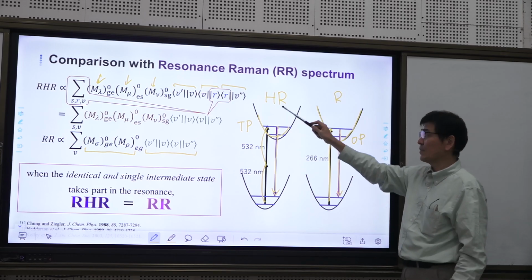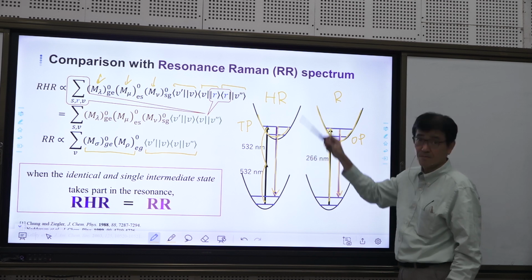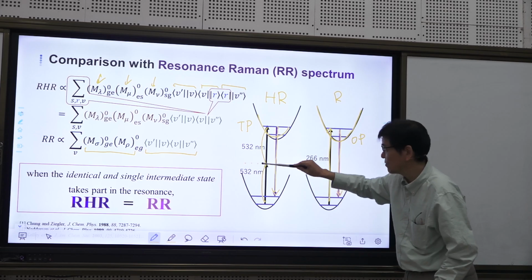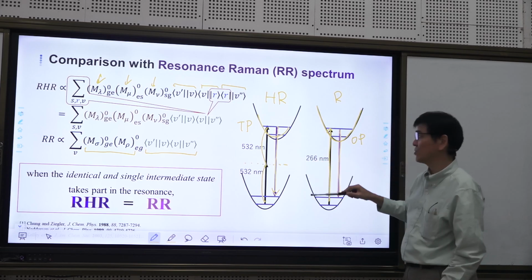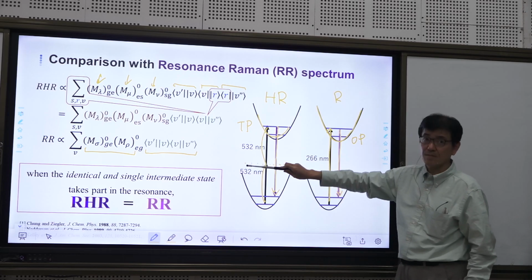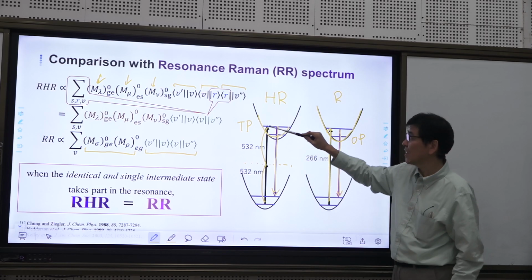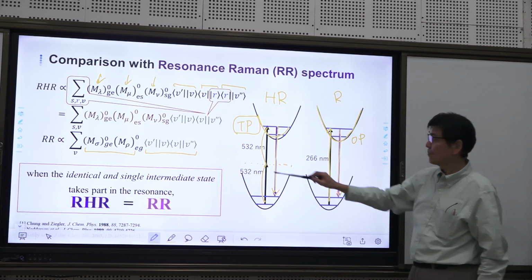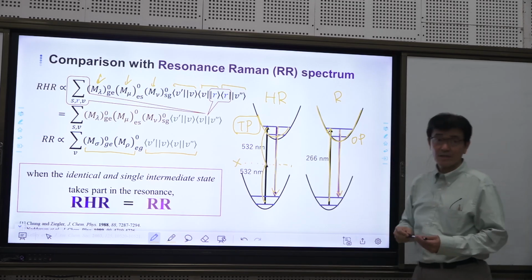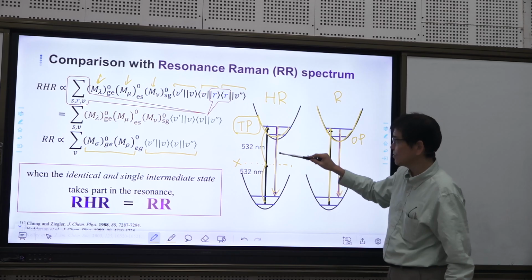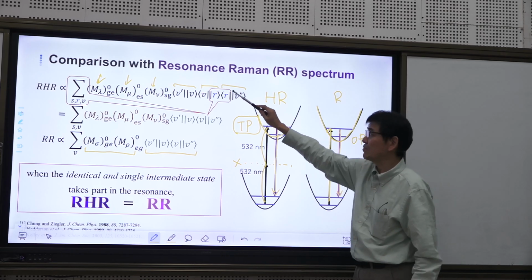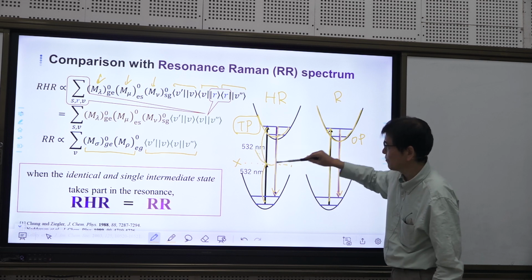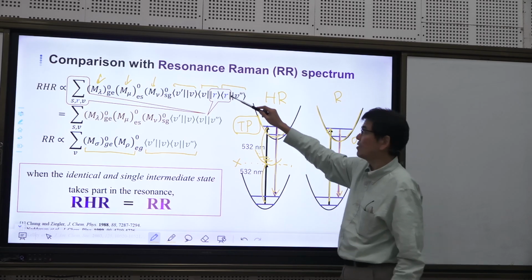In the case of the hyper-Raman process, as shown here, there is no contribution, or only negligible contribution, from the first intermediate state. The resonance effect through the upper state, the 2-photon allowed state, dominates the signal. In such a case, the consideration of the vibration wave function of the virtual intermediate state can be omitted.